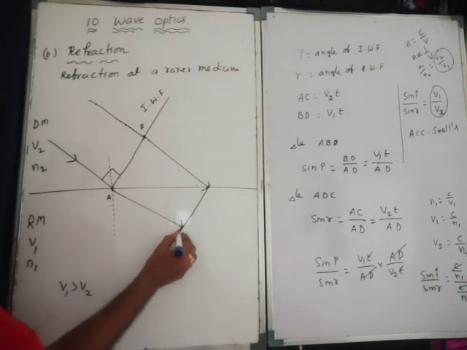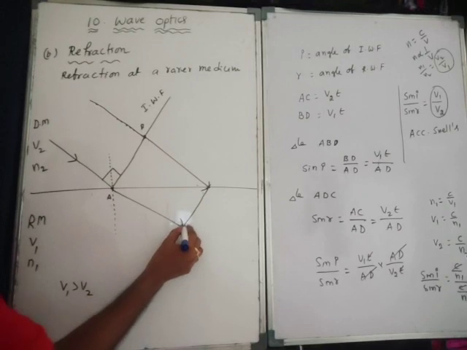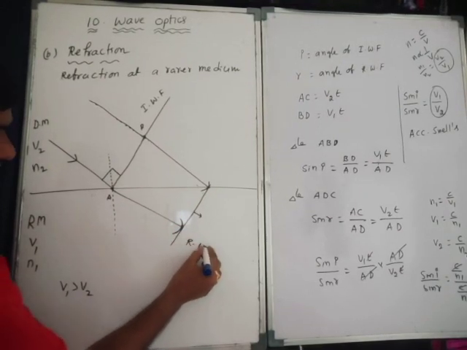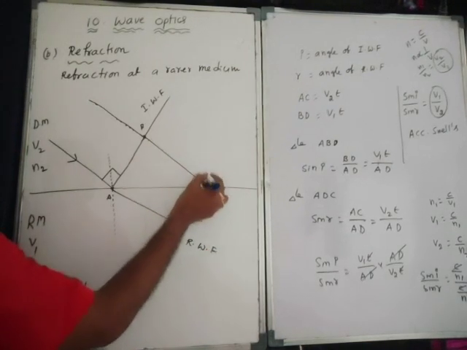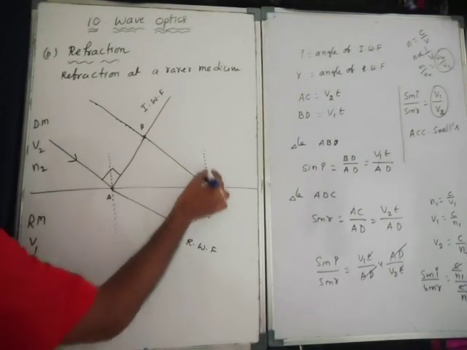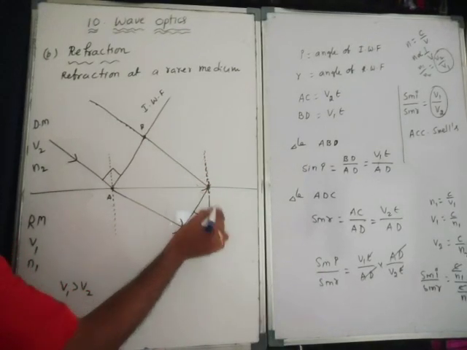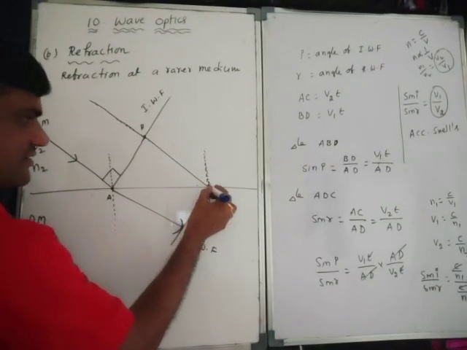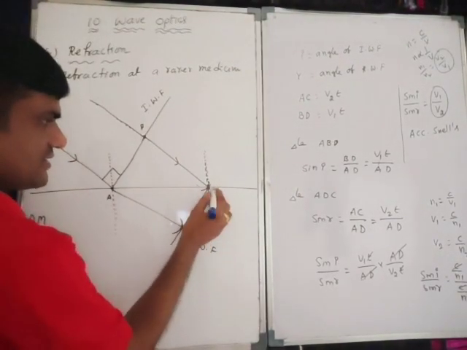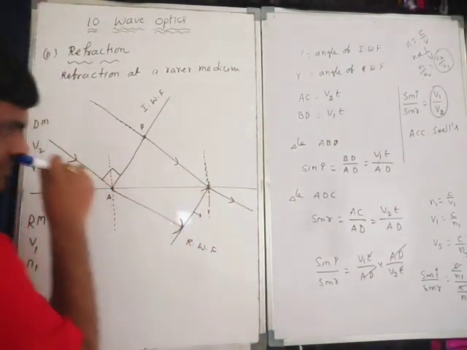This is the secondary wavelet. This is the reflected wavefront. Now this is the normal line. This one is the incident ray, and the refracted ray moves away from the normal.